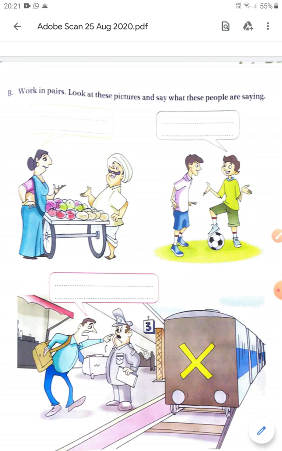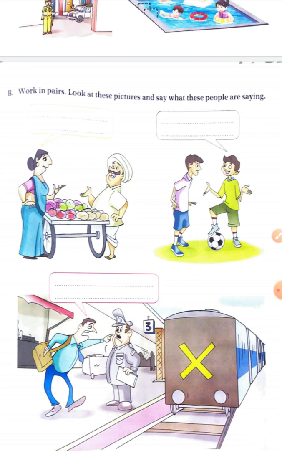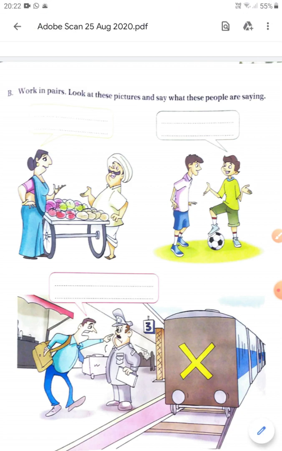Second picture, we can see two boys playing with a football. They are there with a football and two friends are there. So what do you think he must be saying? The person in the yellow t-shirt must be saying, would you like to play in my team? Or would you like to play with me? It can be anything, right?